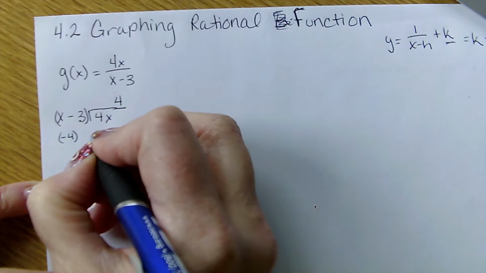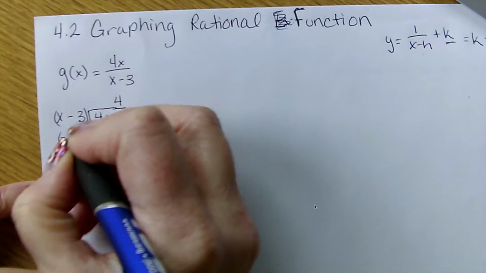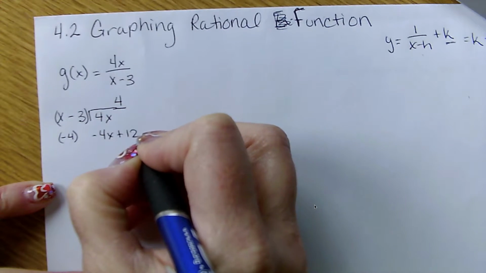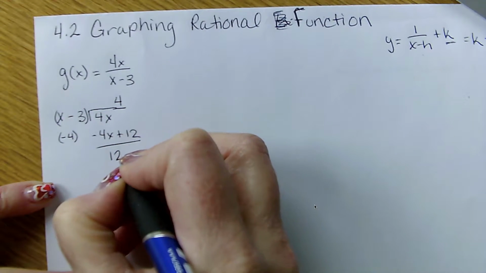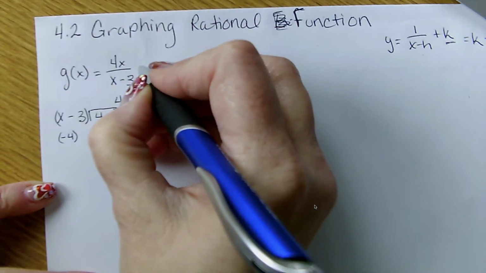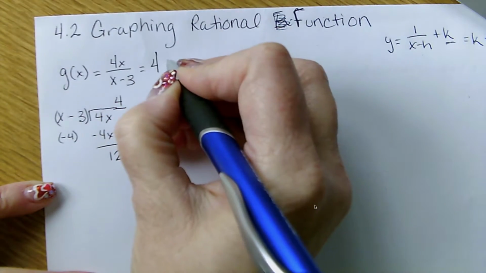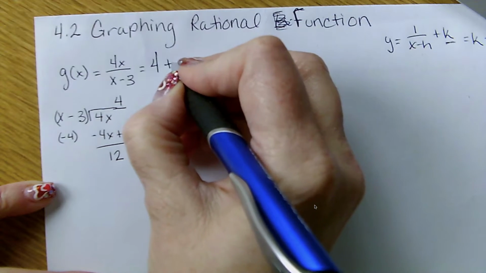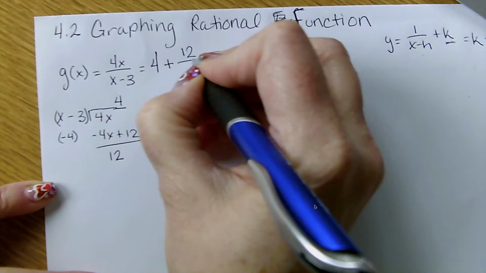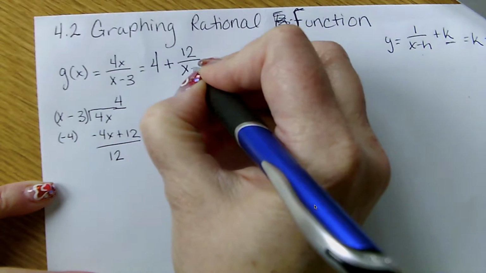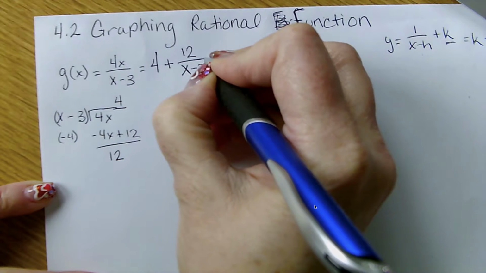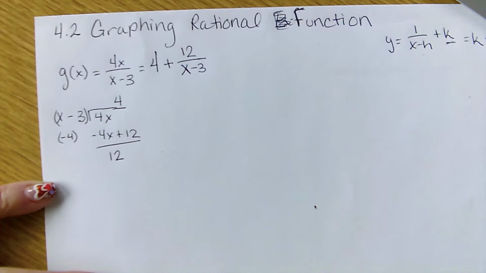So I get -4x plus 12. Okay, so my quotient is 4. My remainder is positive, so plus remainder over the divisor. You see that?